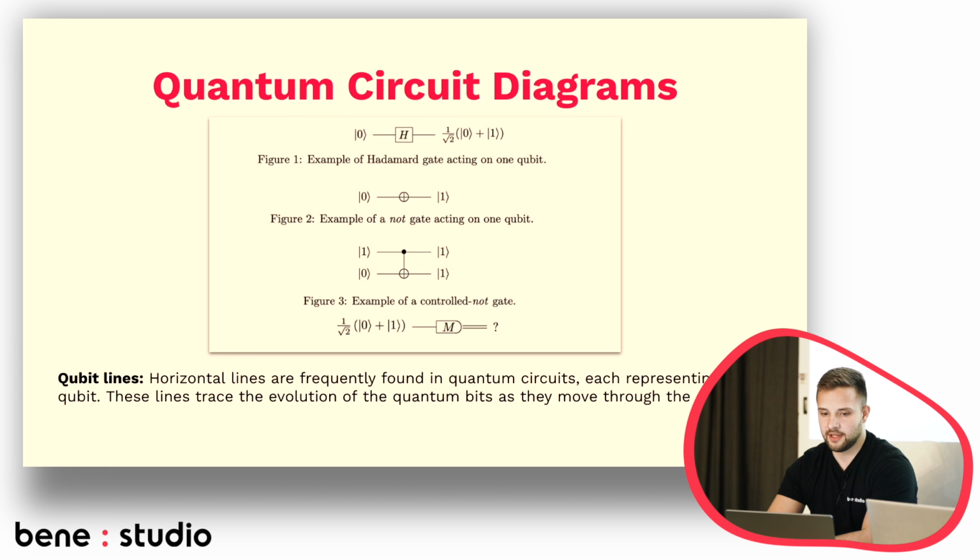And let me describe a bit about quantum circuit diagrams. For classical computers, we can also draw these kinds of diagrams. This is the same for quantum circuits as well.